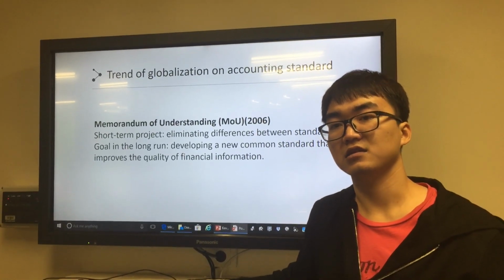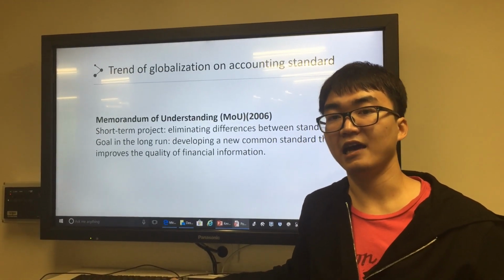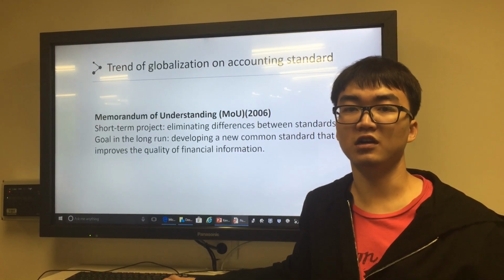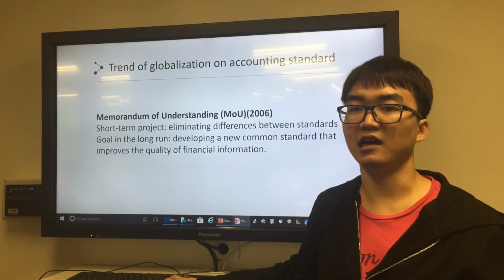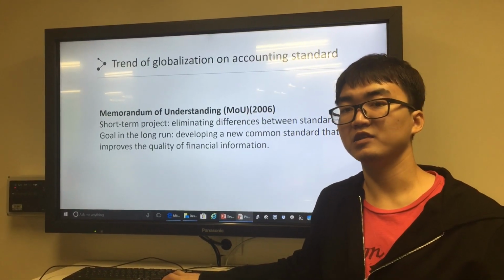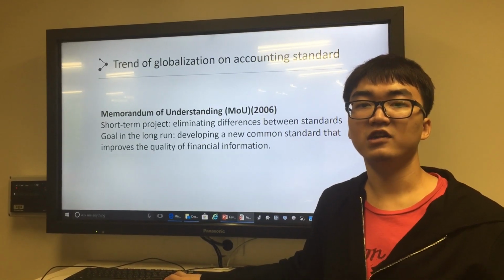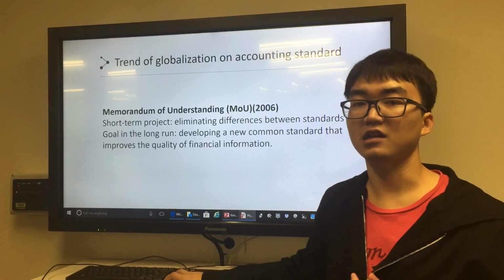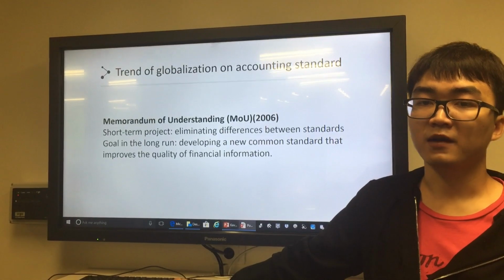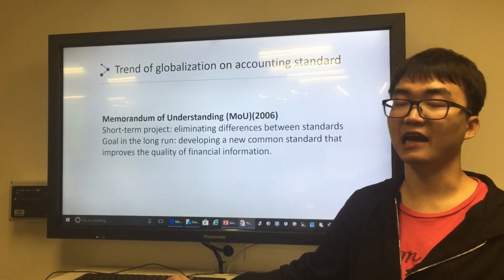In 2006, after this agreement, the FASB and the IASB made a roadmap to list both short-term and long-term convergence projects. The short-term projects aimed at removing the differences between IFRS and US GAAP, while the long-term projects aimed at developing compatible high-quality accounting standards together.